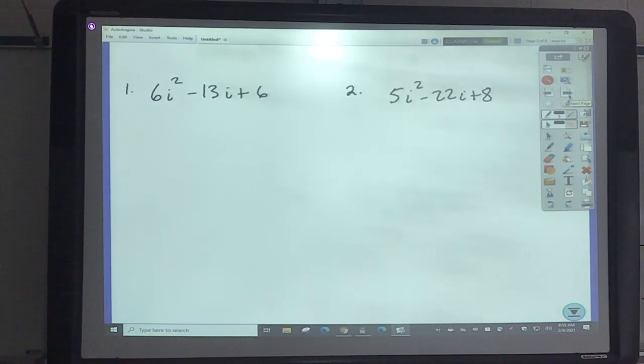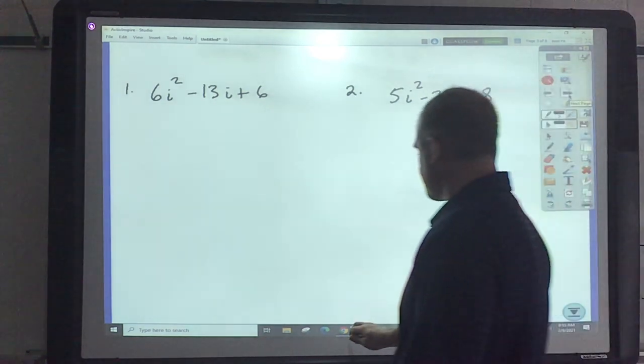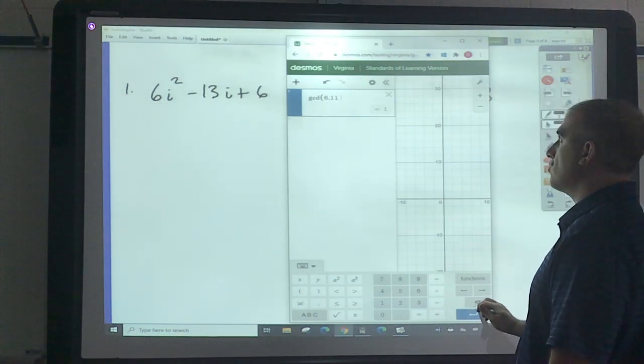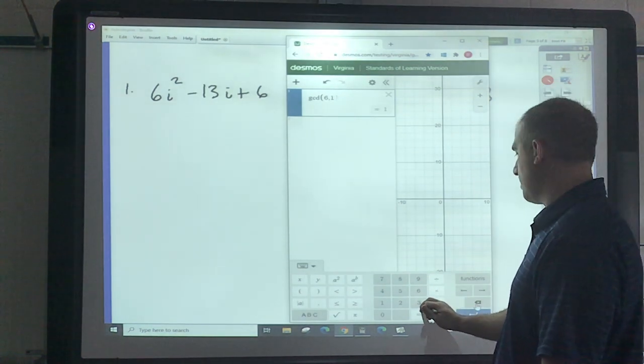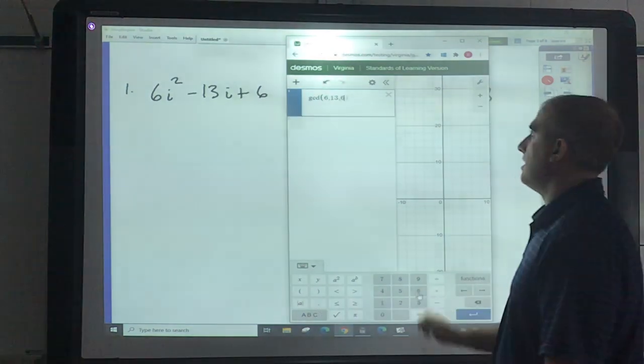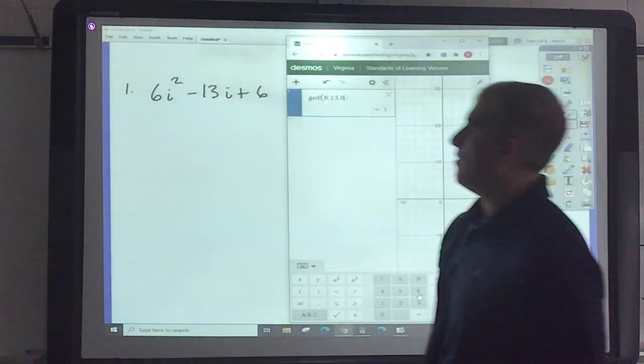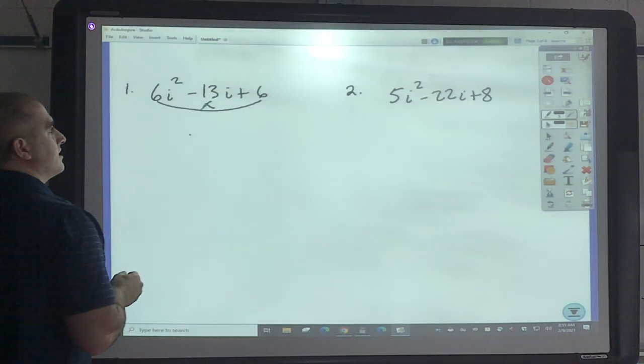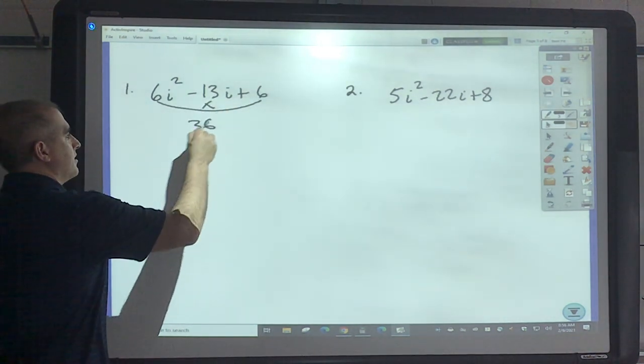Now, we're going to move into some minus stuff. Once again, I'm going to check my work, 13 and 6. The GCF is still 1, they don't have an i. Now, 6 times 6 would be 36.